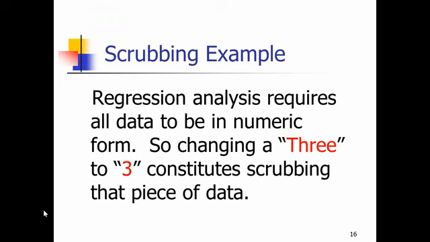So if you come down a column that has, for example, number of bathrooms, and someone has typed in the word three, you would convert it to the numeric form of 3, and that would constitute scrubbing the data. Scrubbing is not a complicated process, but you need to know what you're trying to do, and then you can go in and try to get the data in a more useful format.